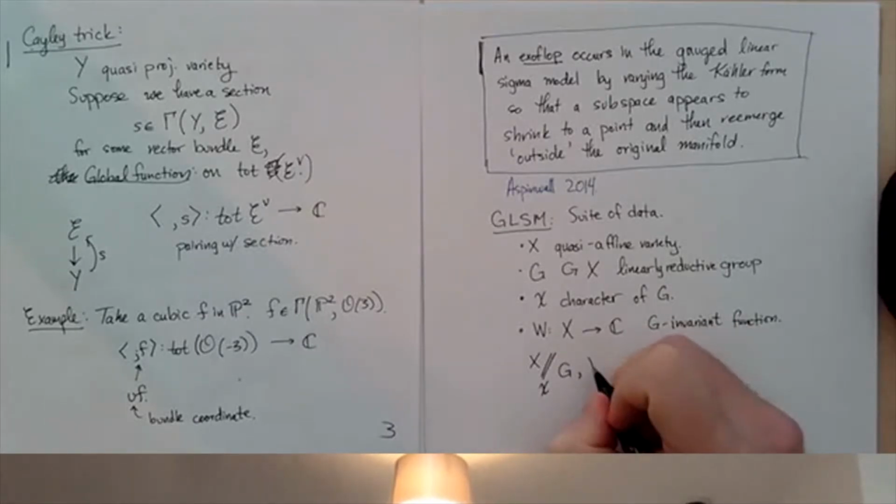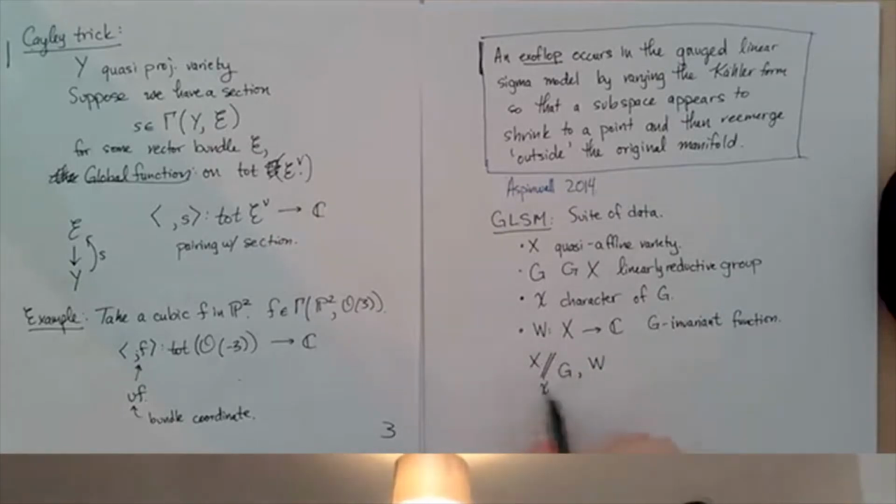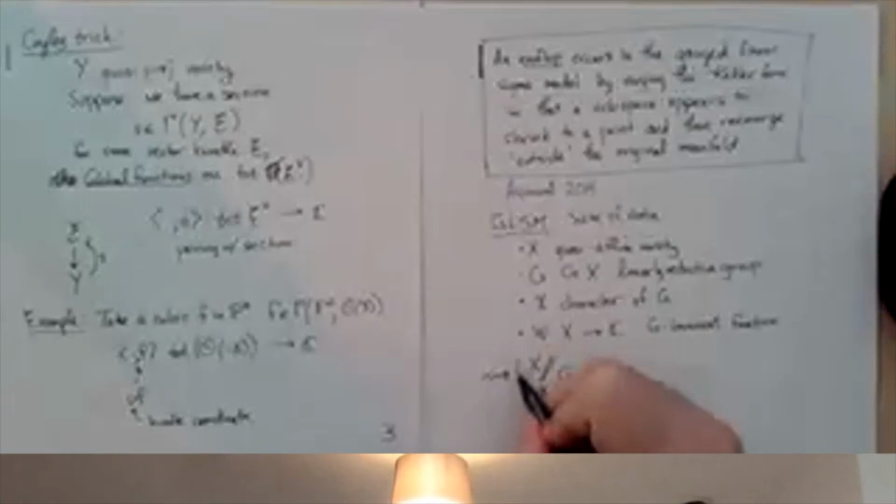And then we have a function that is now living on this GIT quotient. So it gives us some Landau-Ginzburg model.